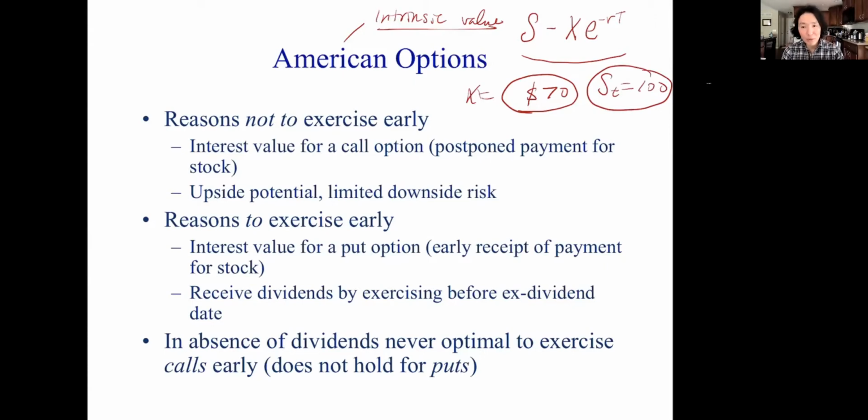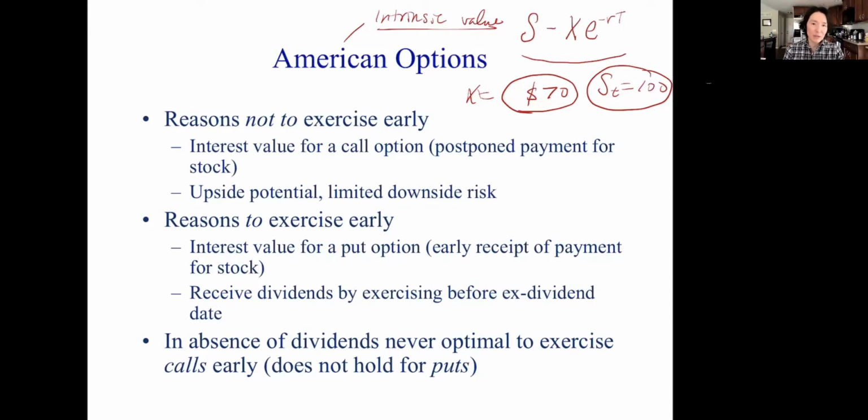Well, it looks like a good deal, right? But it is not so good. Why? Because you are paying $70 of the exercise price now instead of later, because there's an interest rate cost. You don't want to pay $70 now if you can pay it in the next year, right? So because of the interest value of the call option, you don't want to exercise too early. Okay? So that's the first reason not to exercise early.